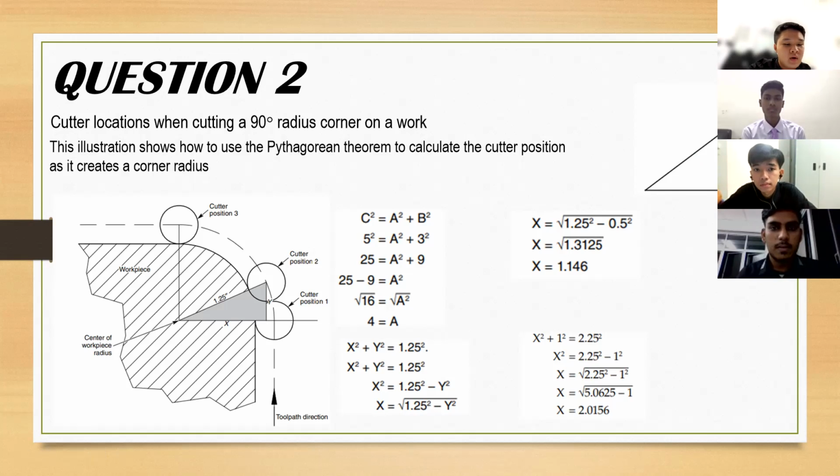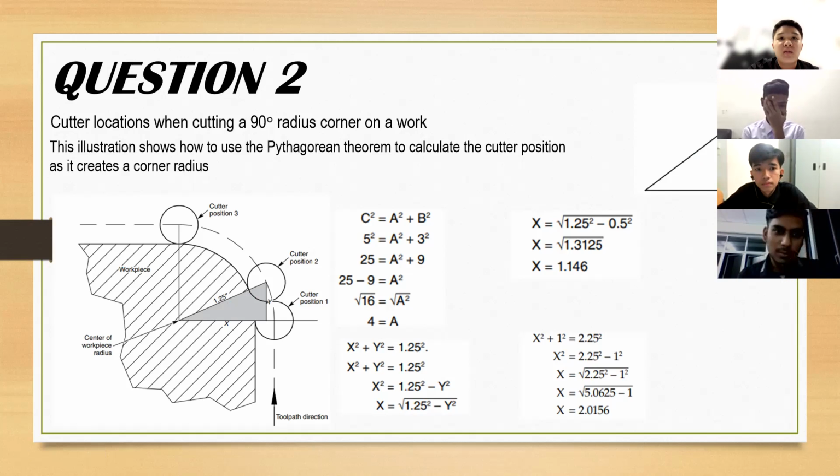So in the figure, side C is equal to 5 and side B is equal to 3. The value of A is determined by using the formula C squared equals A squared plus B squared.